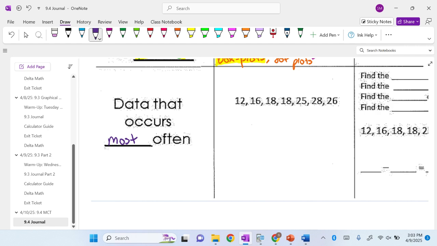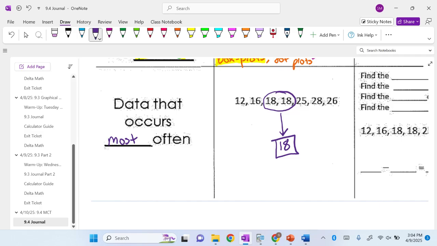So, for example, with this set of data, if I'm looking at all of my numbers individually, the only number that repeats is 18. It repeats twice. So because of that, my mode is 18.